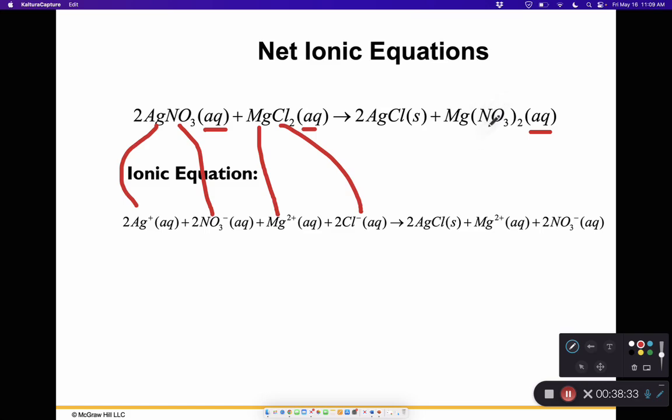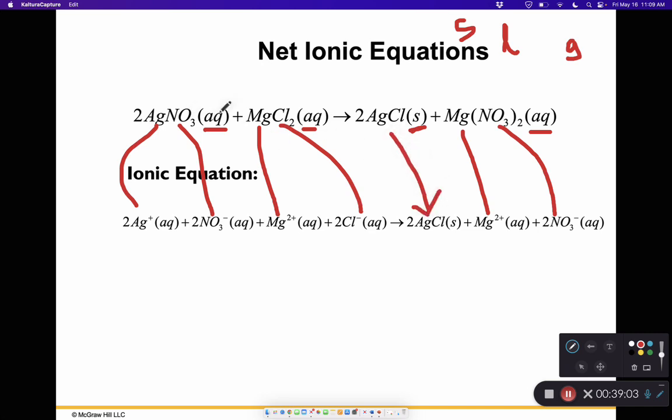They are in the dissolved form, so we can break them down into cations and anions. But if we have something solid, liquid, or gas, if the physical states are solid, liquid, or gas, we cannot break them further into ions. So in the total ionic equation, we write all of them as they are.